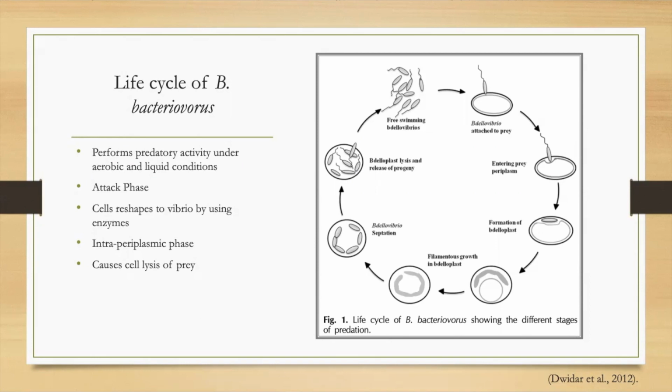Once it does that, it causes cell lysis, meaning the prey bacterium is lysed, and it releases new Bdellovibrio cells. It performs this predatory activity under aerobic and liquid conditions.